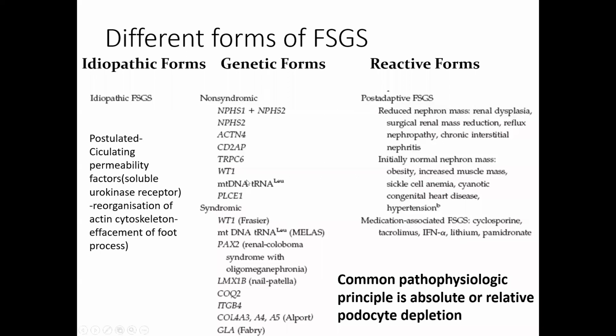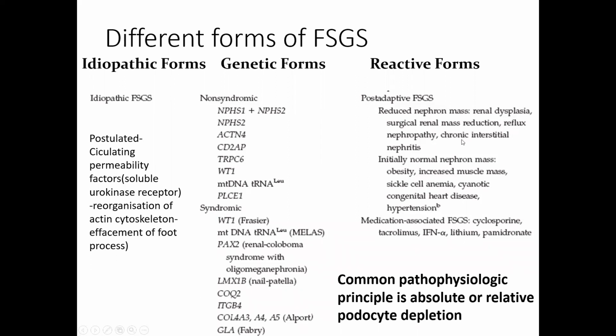There are many genetic forms associated, some with syndromic manifestations and some non-syndromic. FSGS can also occur reactive to reduced nephron mass, in cases of renal dysplasia, surgical renal ablation, reflux nephropathy, and chronic interstitial nephritis.